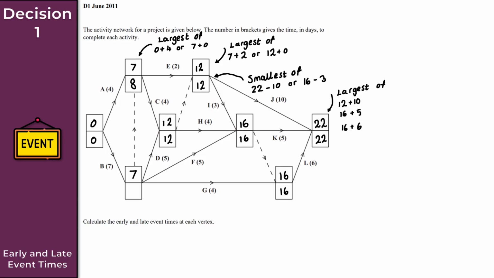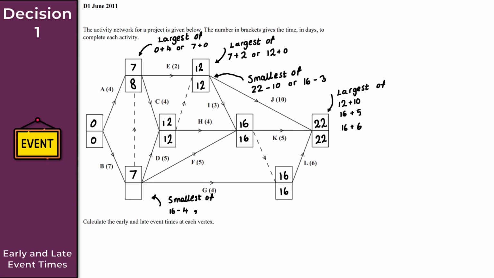Right, and then finally to finish with here, for this late event time, I've actually got a choice of 4. So let's just be very, very careful here. And I'll make a note just so it's clear what we're actually doing. So smallest of them. I've got 16 minus 4.